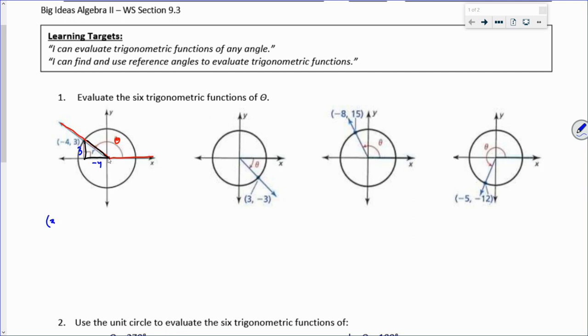So 3 squared plus -4 squared equals r squared, and then we solve it out, 9 and 16 is 25. And then we can say r equals 5. Well, now we know that our hypotenuse is 5.